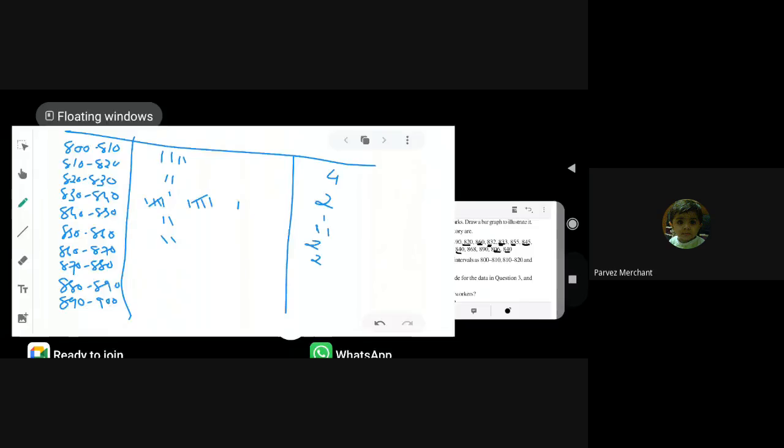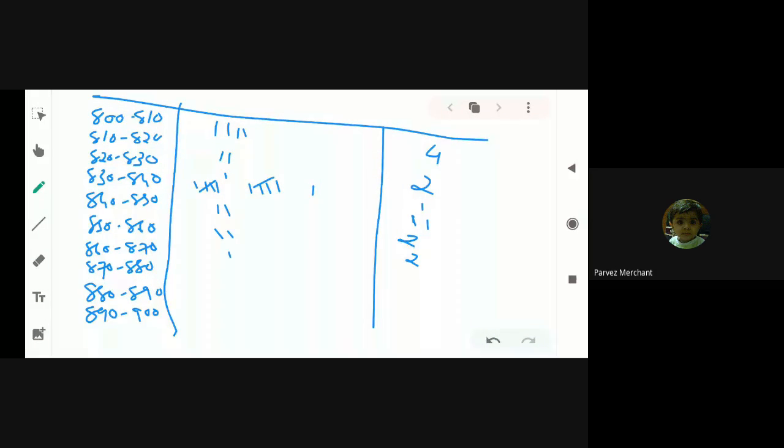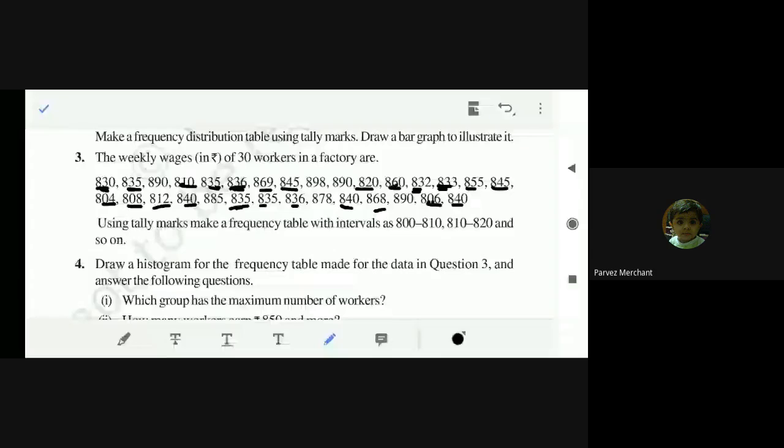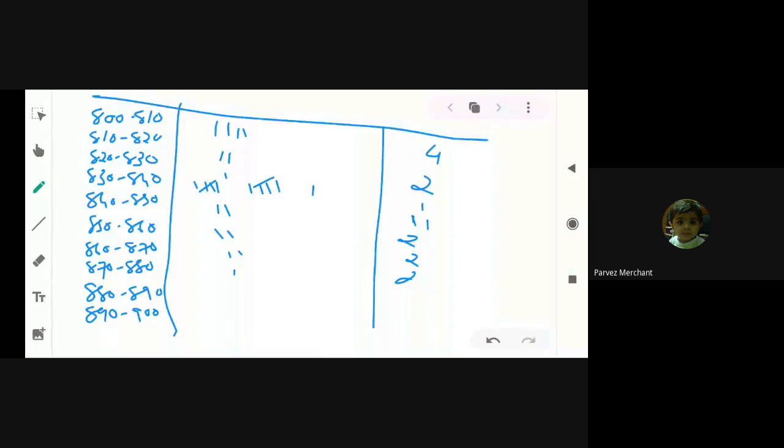Then 860 to 870: 869, then 868. Also, there are 2 workers there. Then 870 to 880: 878, only 1. So 870 to 880, only 1 worker is there.